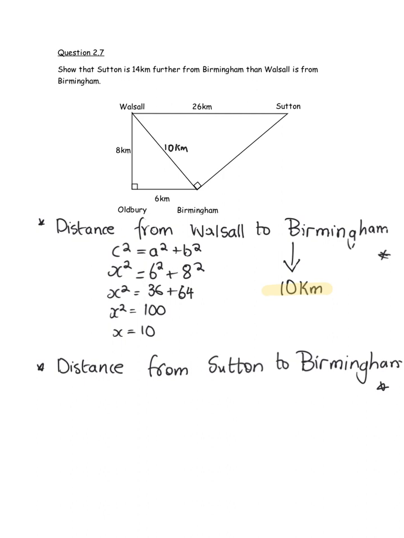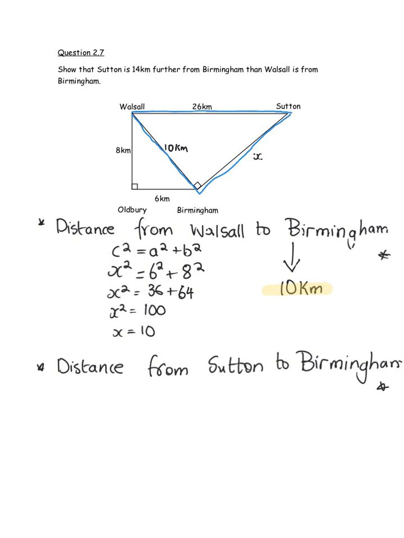So now we're looking at a different triangle. We're going to look at the triangle that I'm kind of highlighting here now. So again, in maths, the distance or whatever we need, we usually label x, and we're trying to find the distance between Birmingham and Sutton, so this will be x here.